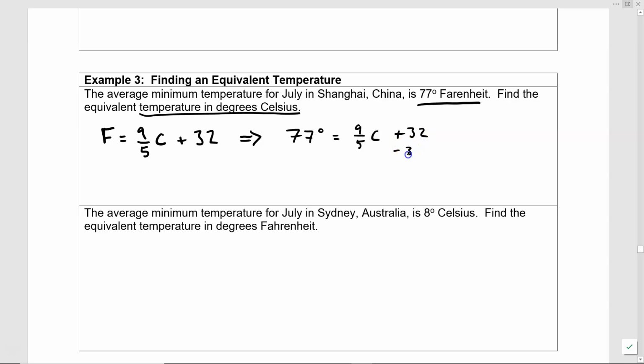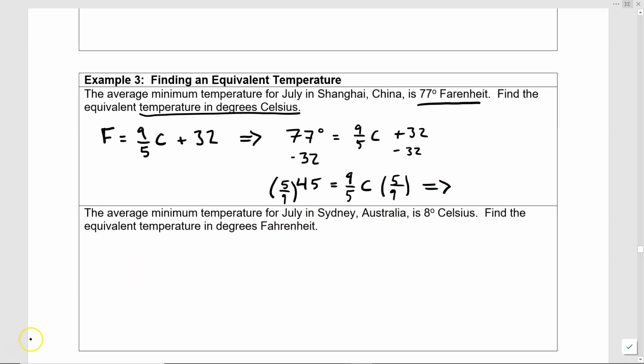We want to get our C alone, so we subtract by 32 on both sides, which is 45. And we multiply by the reciprocal of 9/5 on both sides in order to get C truly alone. So 5/9, 5/9.